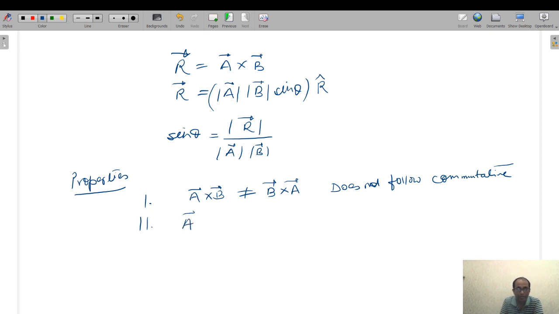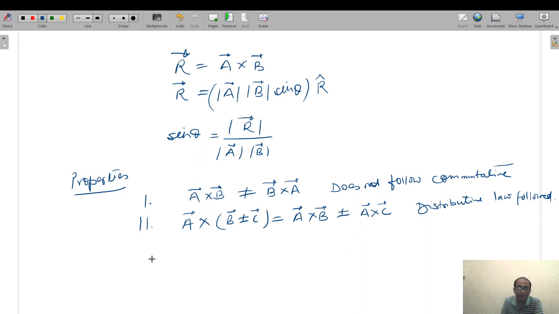Second, the distributive law. If you have A cross B plus minus C, it is very well followed. There's no trouble with it. So the law is followed.